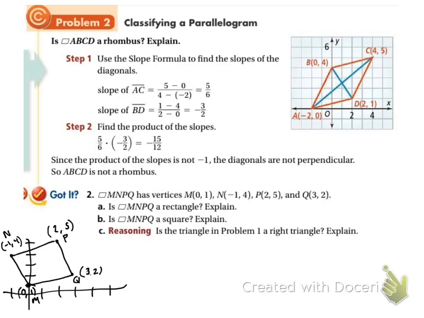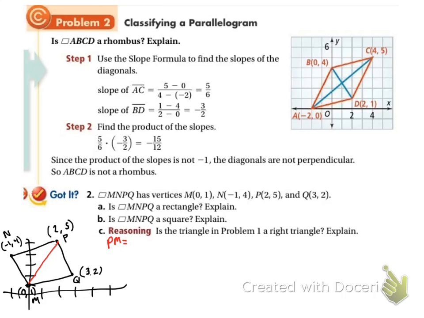So we've got two different questions. Is it a rectangle and is it a square? So one of our theorems, if you think back to rectangles, is that if the diagonals are congruent, then it is a rectangle. So let's figure out how long these diagonals are. So we'll start with PM.